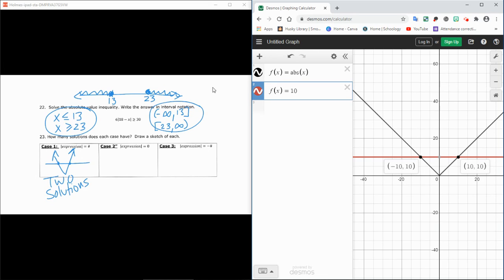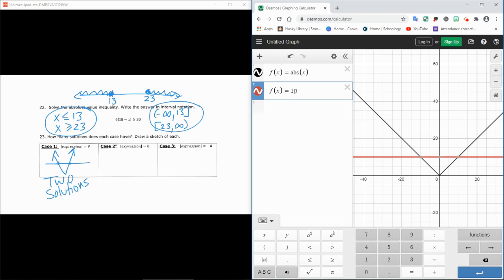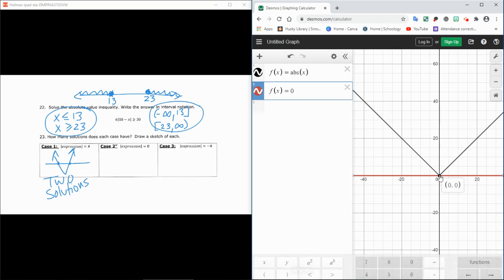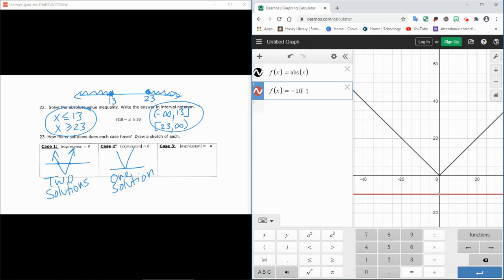Case 2, let's just change this to equal to 0. Here, notice how they'd only cross once. So we would have one solution. And then lastly, if this absolute value ever equals a negative number, right? They're opposites. It would be no solution.